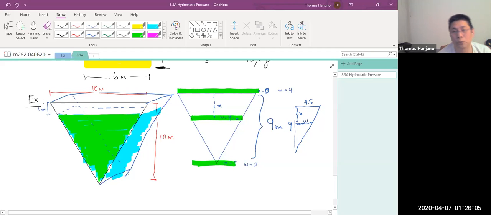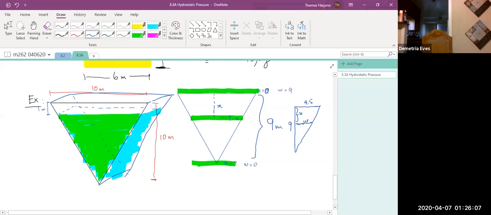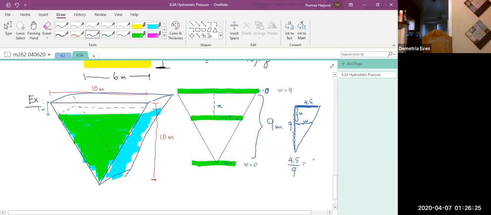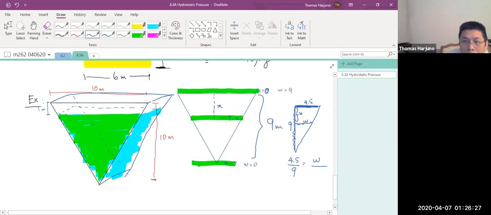That's what we're supposed to do. And to do that, we do proportion. 4.5 over 9 equals W over 9 minus x.